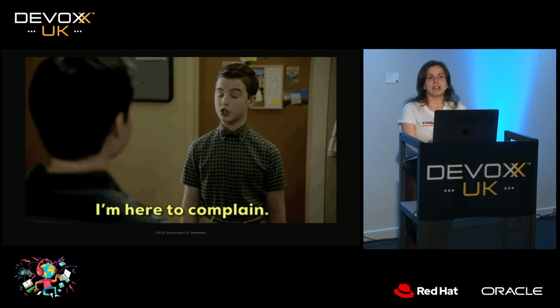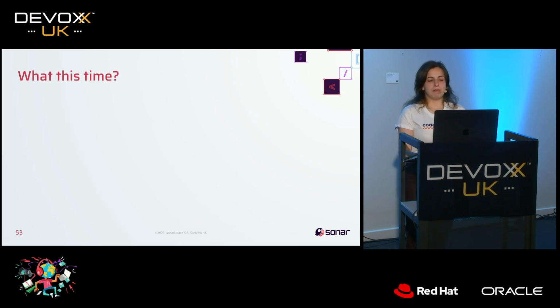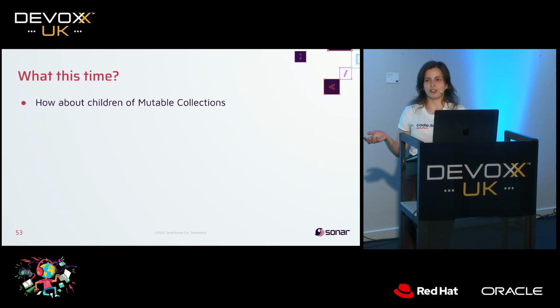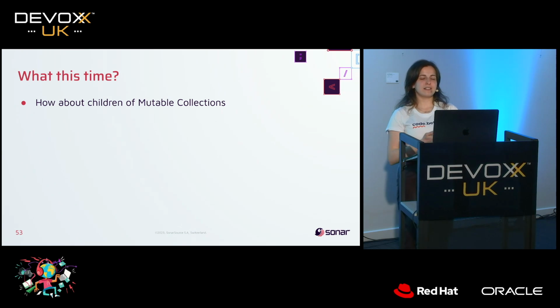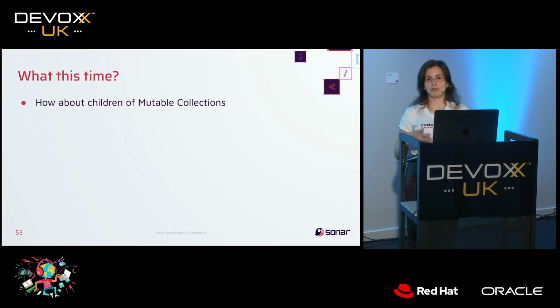What else? Let's think about what else can go wrong with our implementation. First of all, how about children of mutable collections? For example, we can extend a mutable collection, and our implementation doesn't take this into account. So we have to fix this. We have to understand that the type is extending a mutable collection, so it can also be reported.